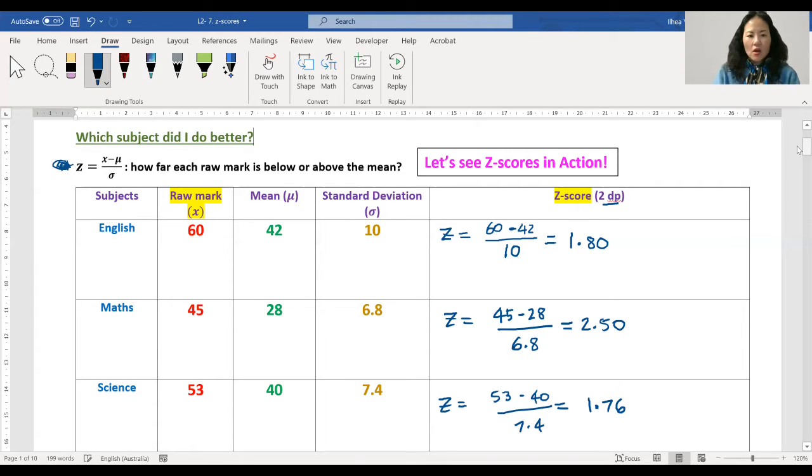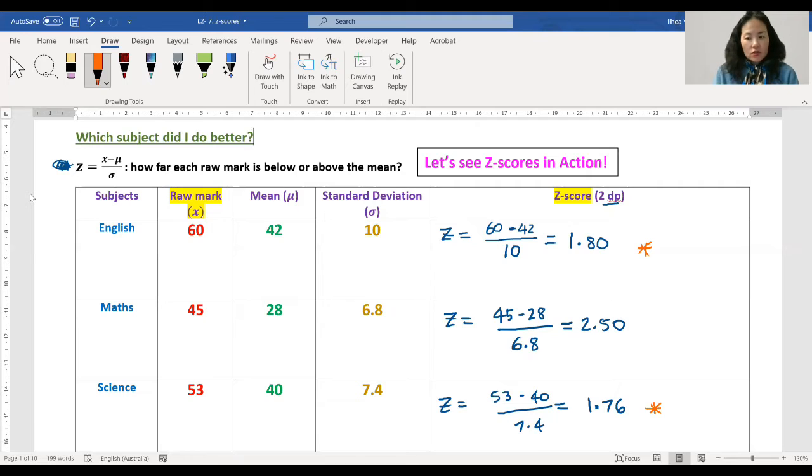Now you can see why I said 2 decimal places. If I had 1 decimal place for my English and science z-scores, they'd probably be the same, so I wouldn't know which one I did slightly better.